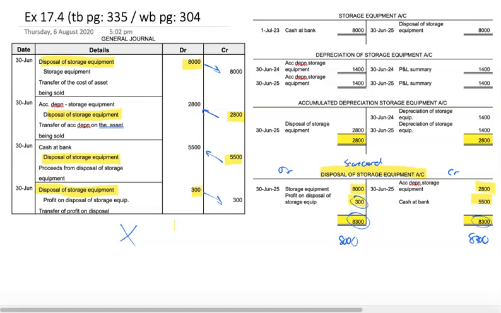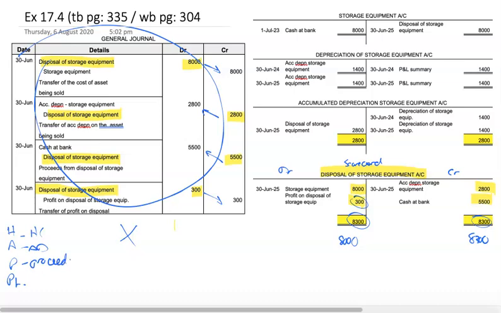And you don't need to have done the general journal. You can obviously be doing this on a scrap bit of paper using the HAPL process that we've discussed before. HAPL being historical cost, accumulated depreciation, your proceeds, and did we make a profit or loss.